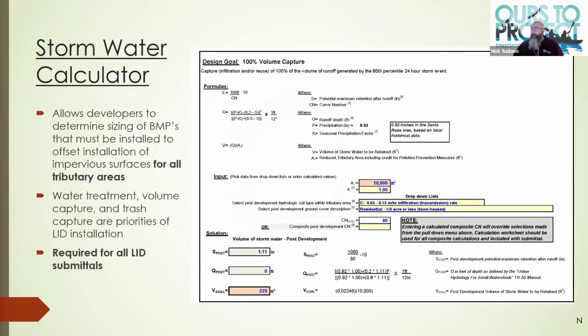In previous years, we've gone into this calculator in great depth, but really what I wanted to point out is that all of these features are designed systems. They're engineered to treat tributary areas. It's required for all LID submittals. So each LID feature has been designed and calculated for the area that it's receiving to be treated.